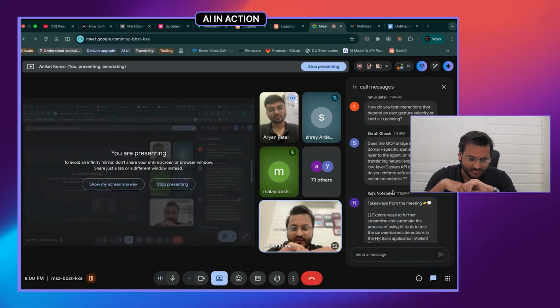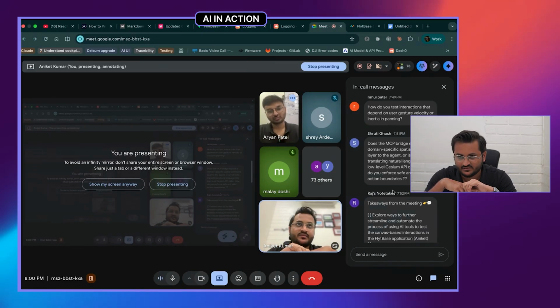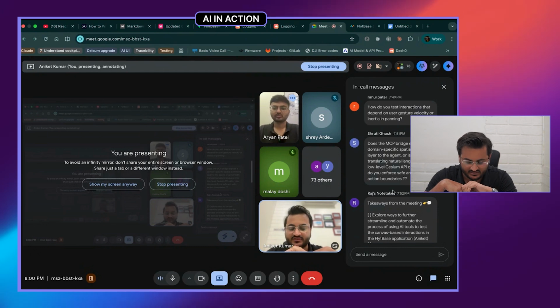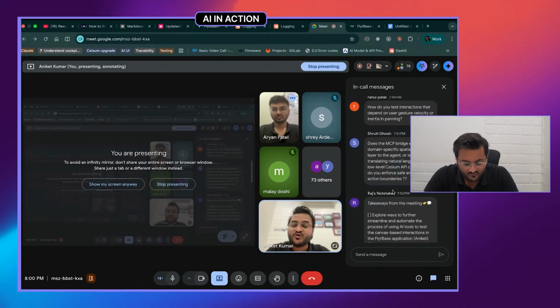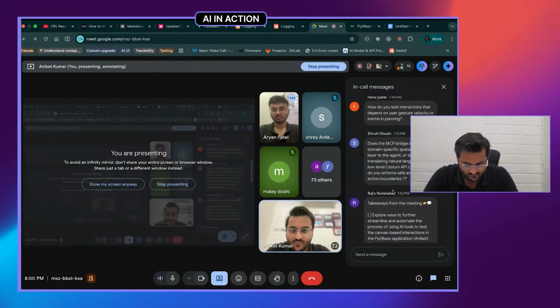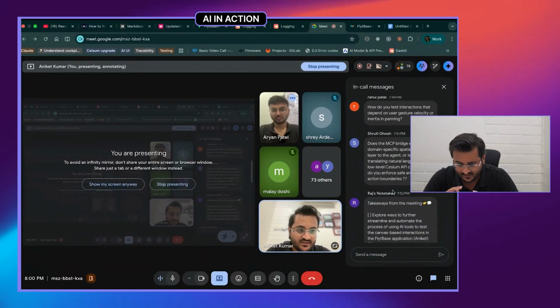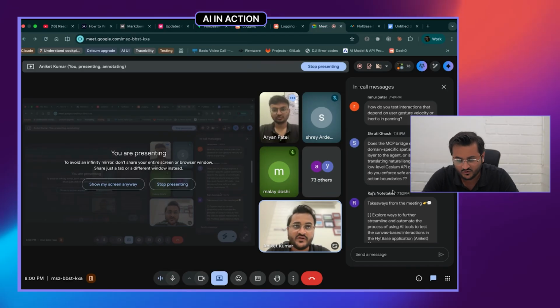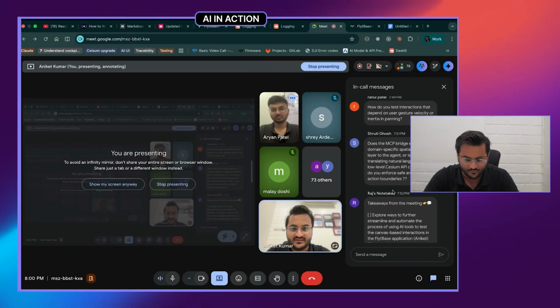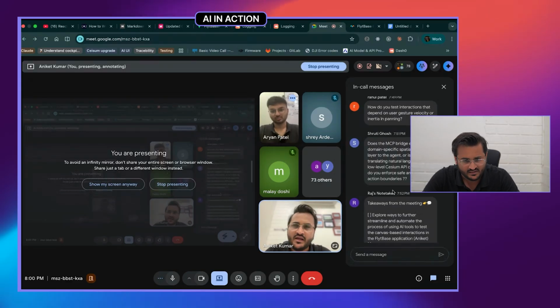Cesium has n number of API calls that we can call, but our application uses only a limited number of interactions and capabilities on the map. So we are not using the native Cesium API. We are using the functionality and the APIs that we have actually implemented.